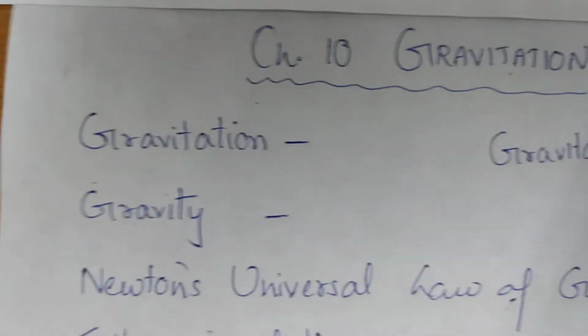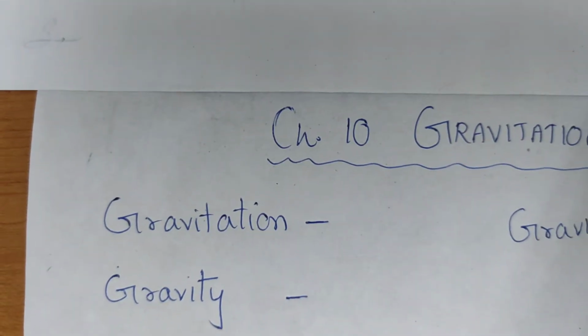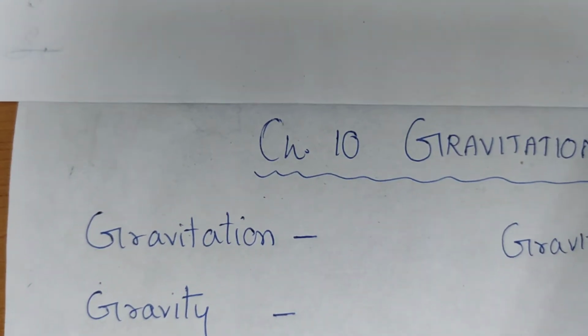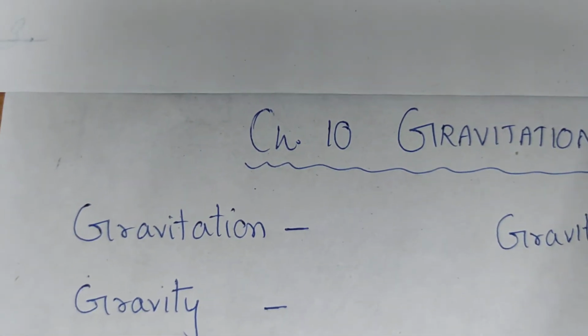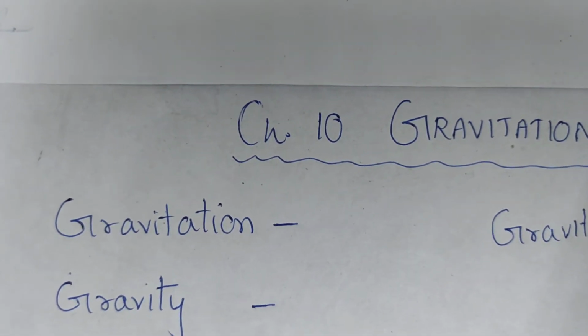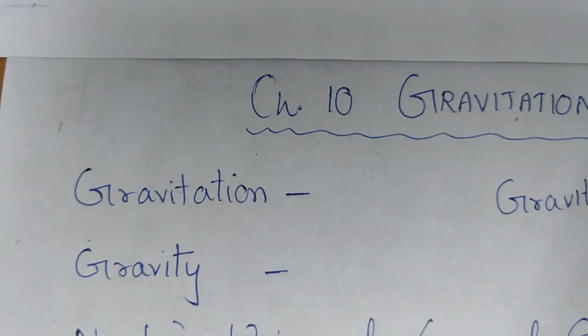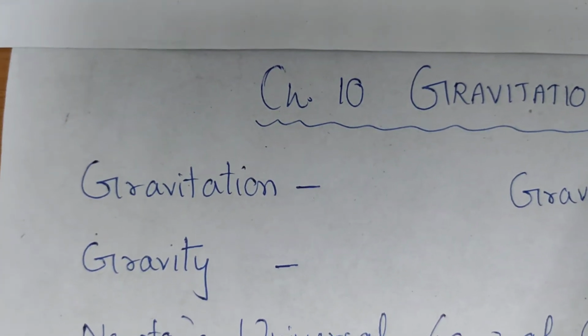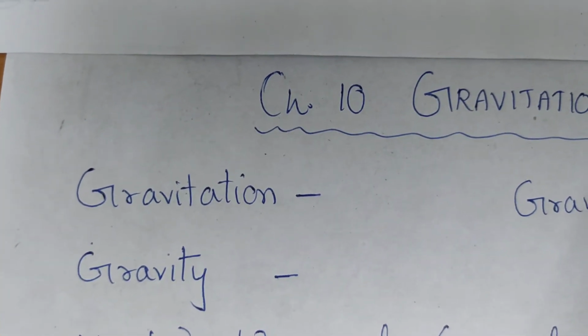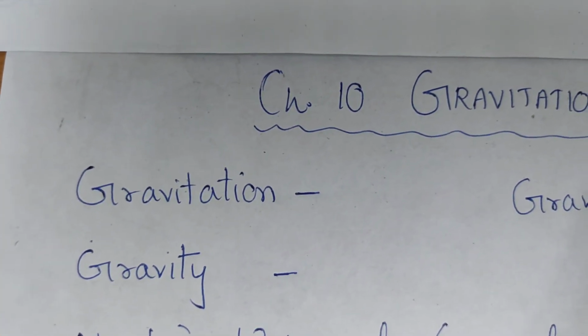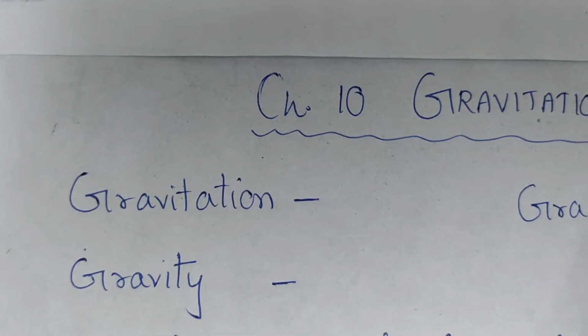Now, when out of the two bodies, one body is a planet like Earth, then we call this gravitational force as gravity or force of gravity. So gravity can be defined as the phenomenon of attraction between any planet and any body on it or close to it.